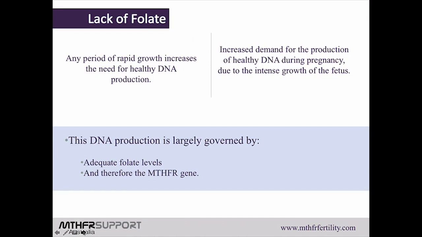And remember, we also said that if DNA is really governed by folate, we then consider how important this strategy is to, A, get rid of folic acid, and B, make sure we have enough methylfolate.